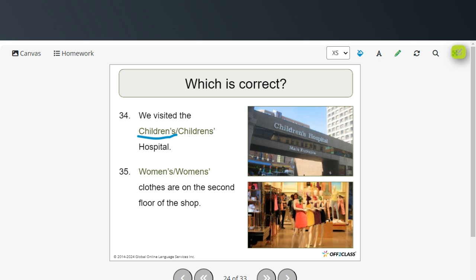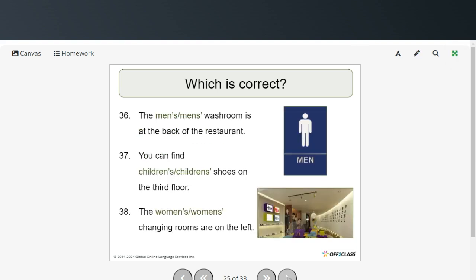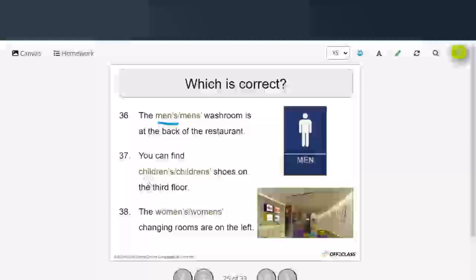So again, we treat the irregular plural women just like we would do the singular and use apostrophe S. Okay. The men's wine is at the back of the restaurant. You can find children's shoes on the third floor. And the women's changing rooms are on the left.